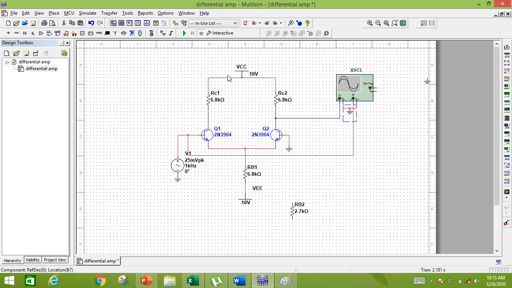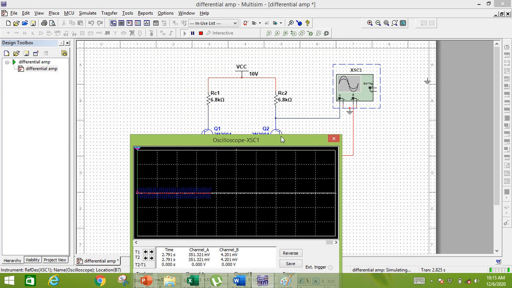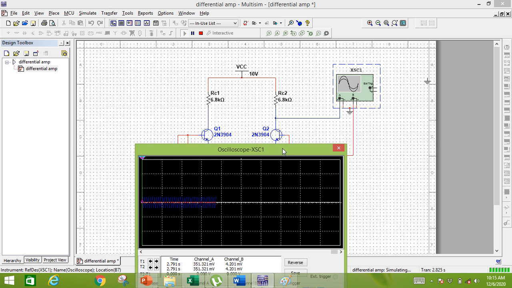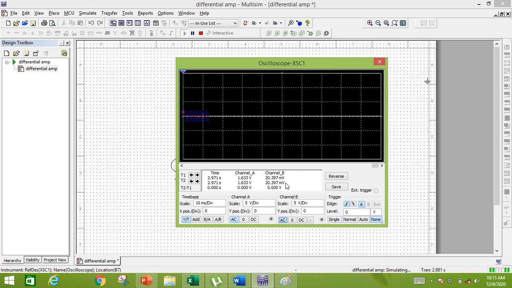So let me run the circuit. I have to convert it into AC. Similarly, channel A is being used for the output, whereas channel B is used for the input. So channel A is 5 volts per division.